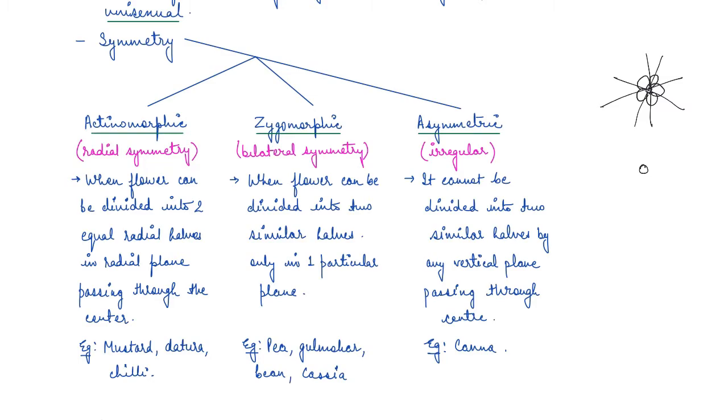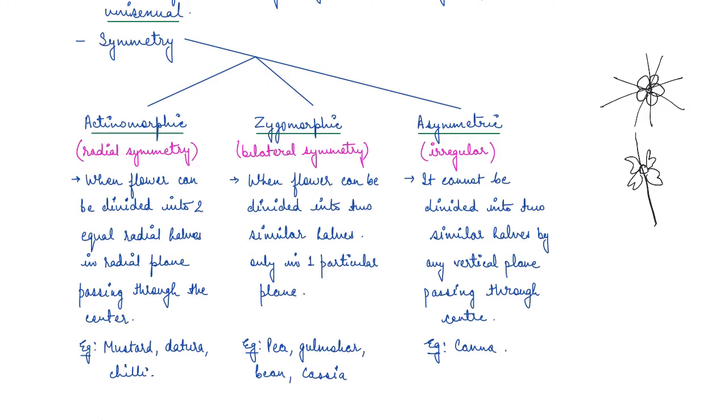But if there is a flower which, if divided into two similar halves, can only be divided from one plane, right? So one particular plane, if it is divided into two equal halves, that is the case wherein you have bilateral symmetry, right? So plants like pea, gulmohar, bean have bilateral symmetry.